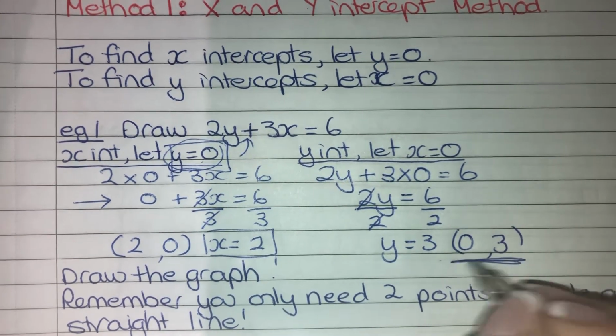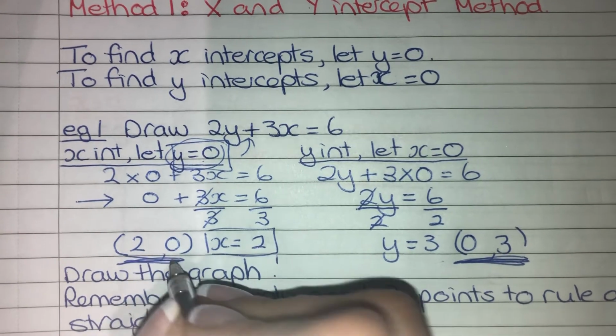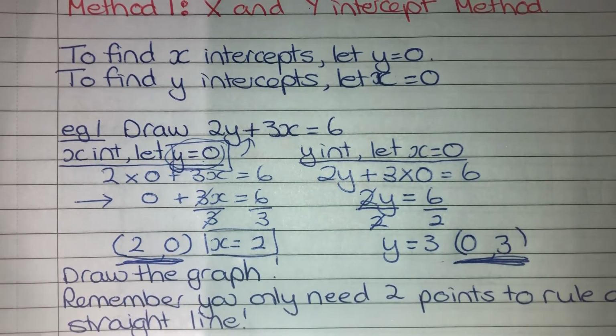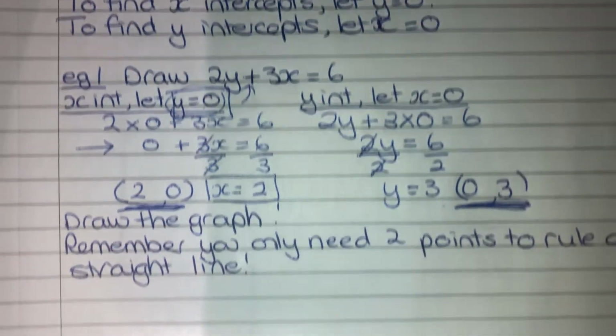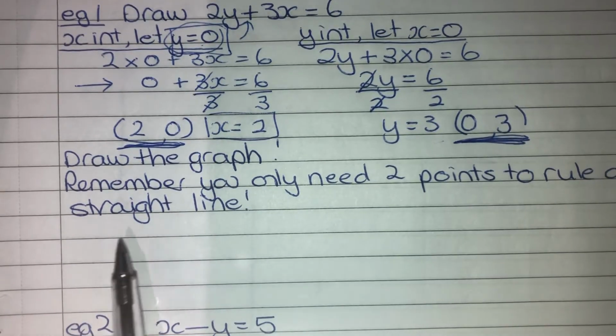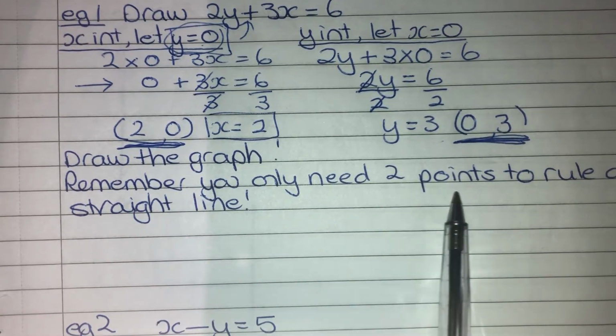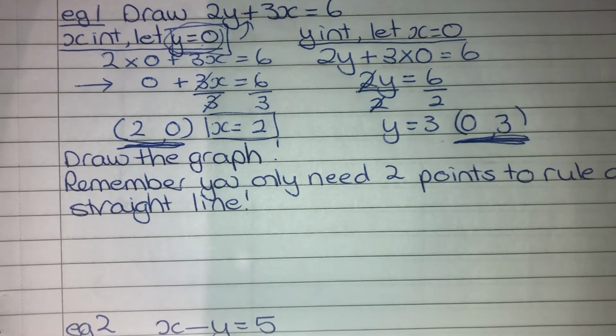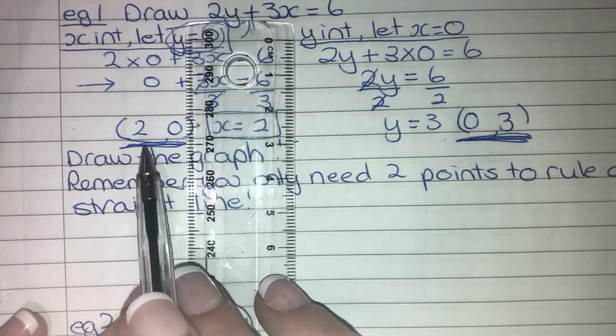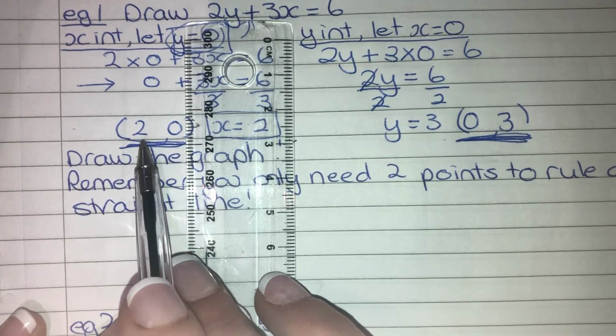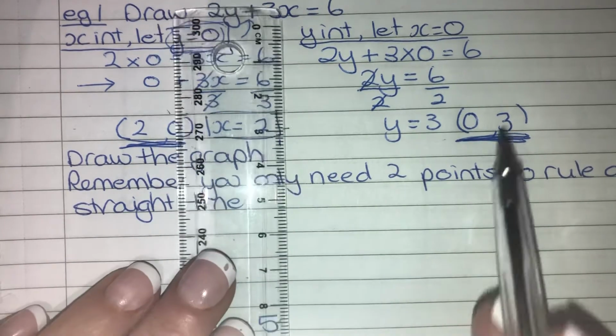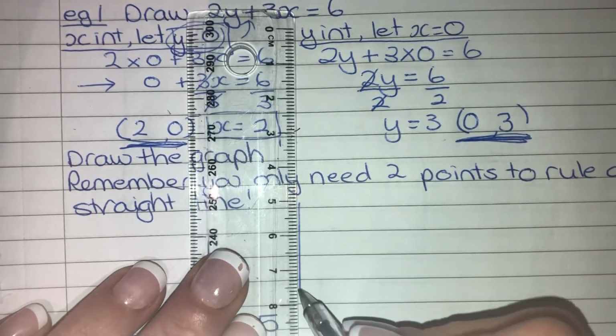So here's 1, here's 2. Remembering you only ever need 2 points to draw a graph. Oh, this is what I've just written. Remember, you only need 2 points to rule a straight line. Okay, so then we get our ruler, thinking about where this is going to go. So we need to go across 2, and we're going to need to go up 3.